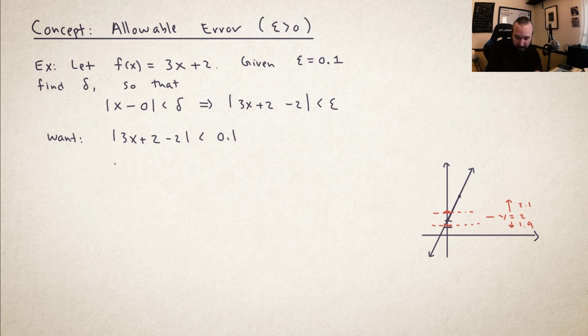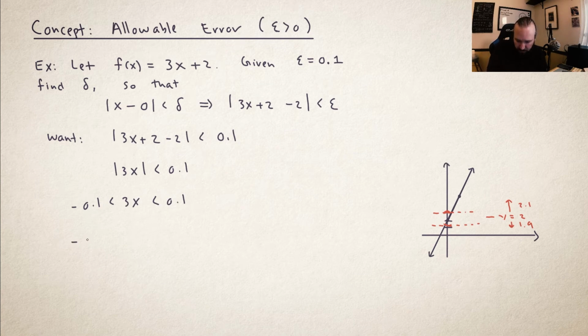Okay, so let's just start doing some math. The 2's cancel, so this is when the absolute value of 3x is less than 0.1. And just to clear the absolute values here, what I need to require is that 3x is in between 0.1 and negative 0.1. So now I can divide both sides by 3.